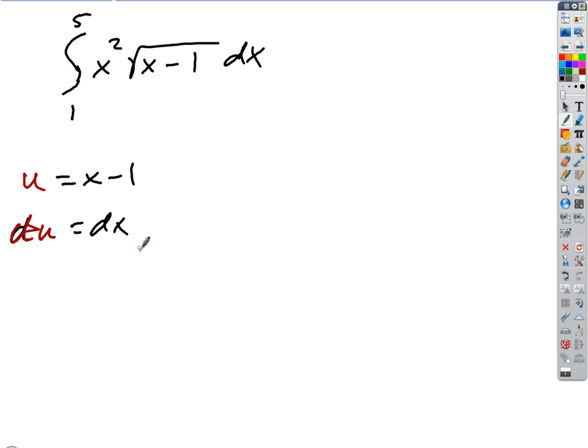Okay, so we end up getting then, if we make that transition, the integral of square root of u times du times x squared, as x goes from 1 to 5. Right, so what do we do now? It's all for x. So what's x equal to? U plus 1. Okay.